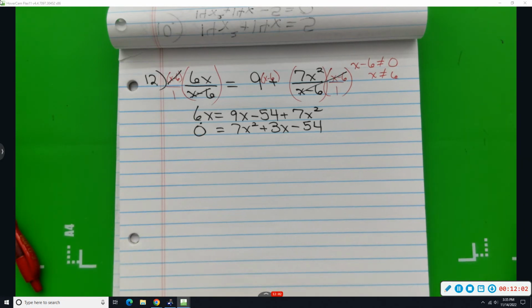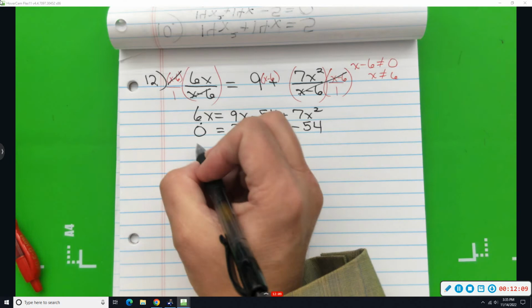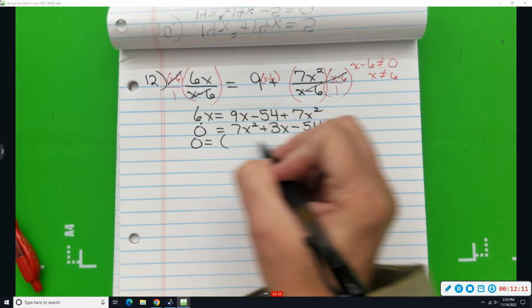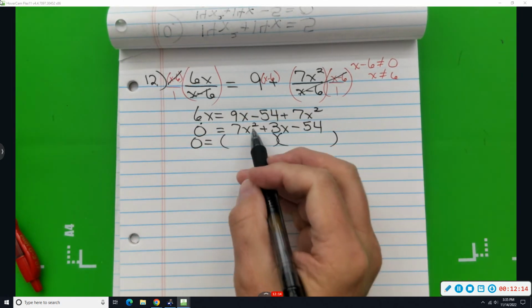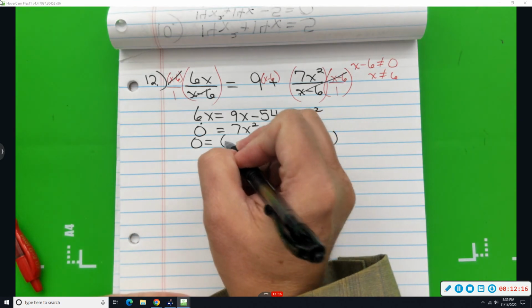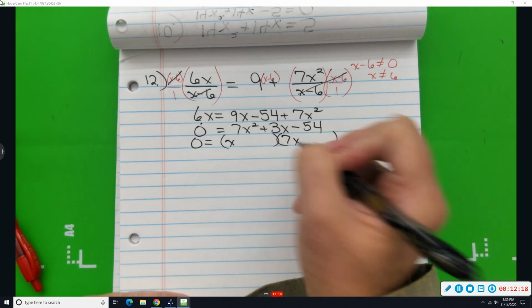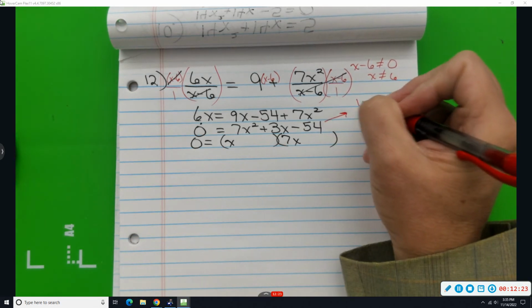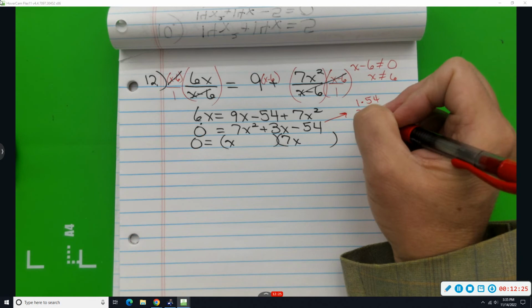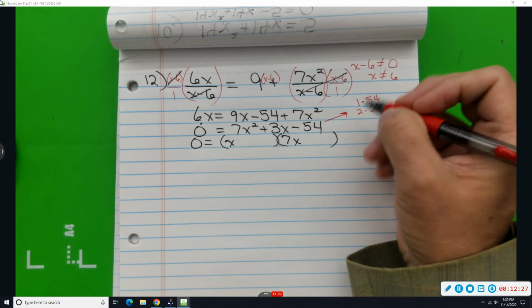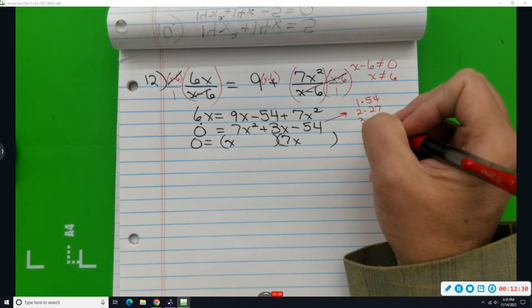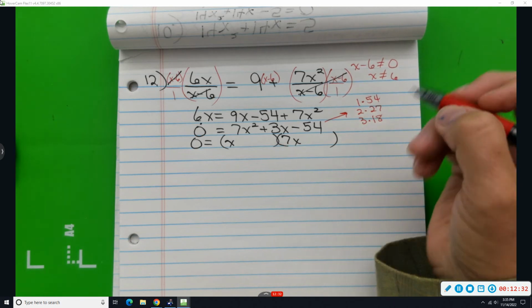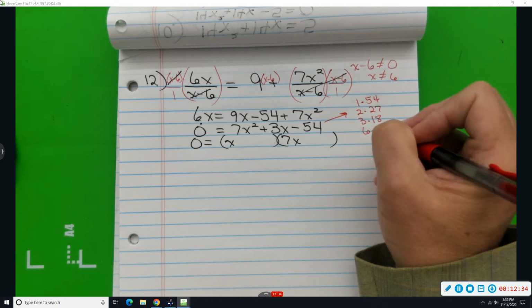But so let's see. I believe this thing's going to be factorable. For x squared, we could use a 1x times a 7x. And for 54, let's see, we could use a 1 times 54, 2 times 27, 3 times 18, 6 times 9.